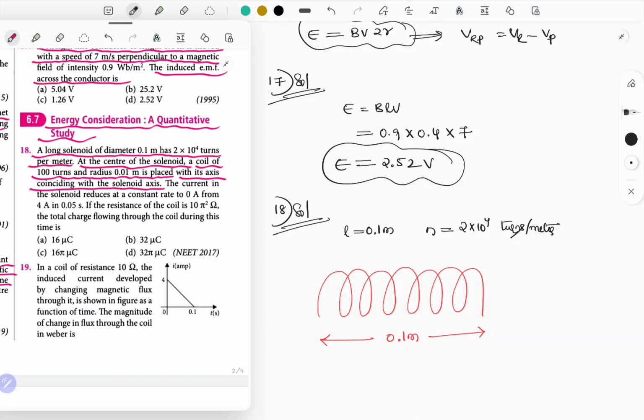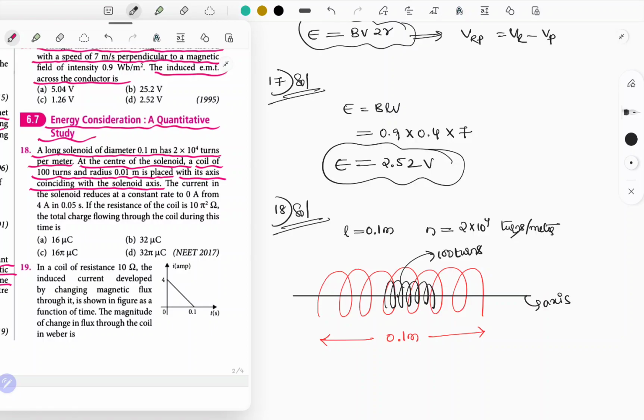Now, inside this solenoid, at the center, one more coil is placed, which is of 100 turns. So that its axis is coinciding with the solenoid. This is the meaning. This is the axis which is coinciding for both the things.